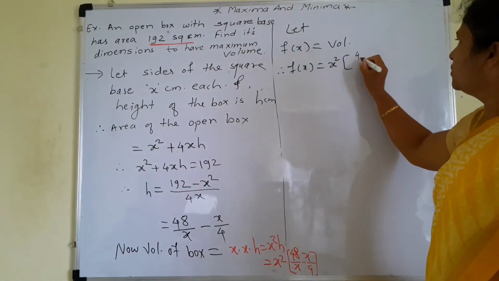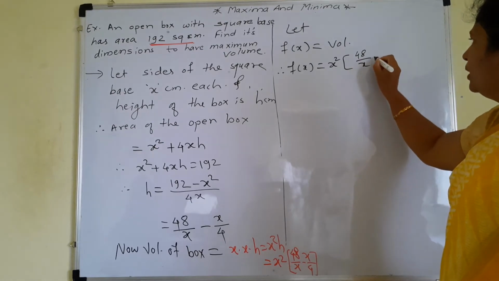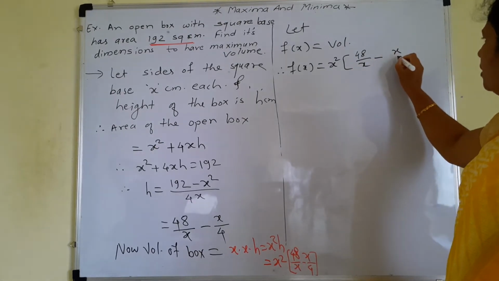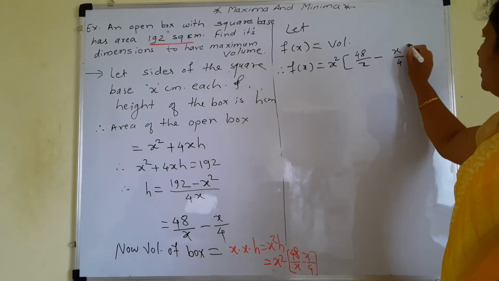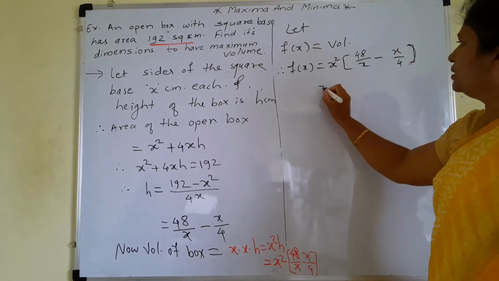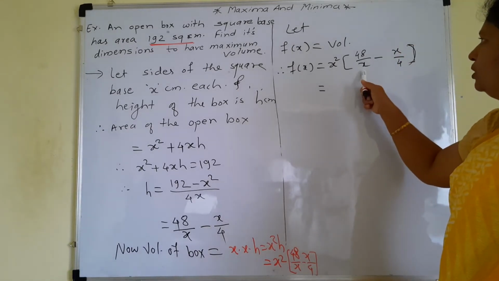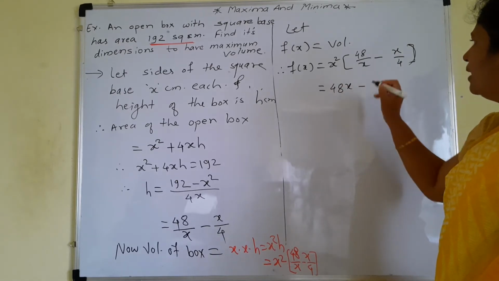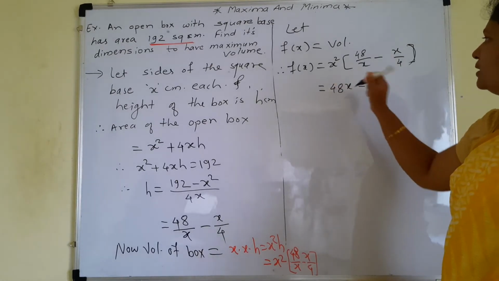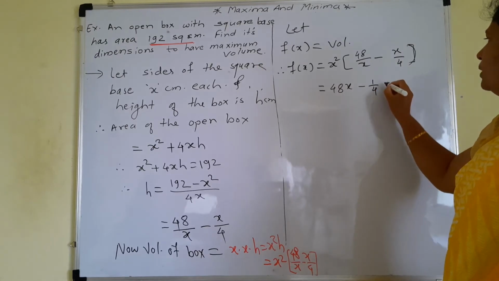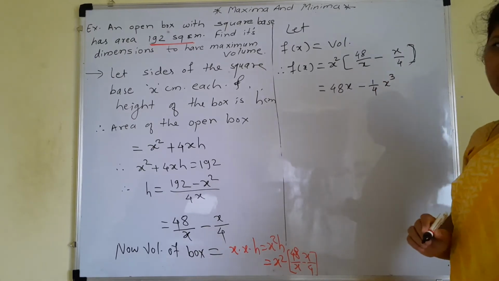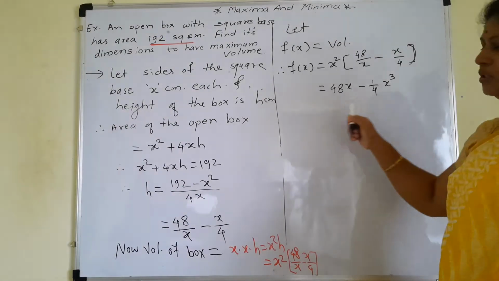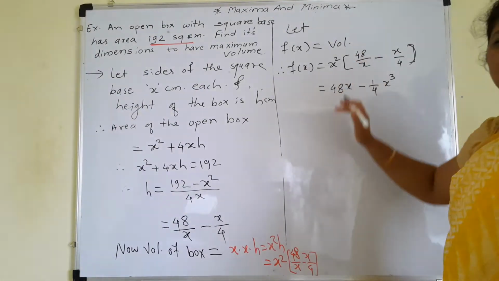This is our function. So let f of x be equal to the volume of the box, that is f of x equals x square into bracket 48 upon x minus x upon 4. Multiplying, x will get cancelled, so we get 48x minus 1 by 4 times x cube. So this is your function.